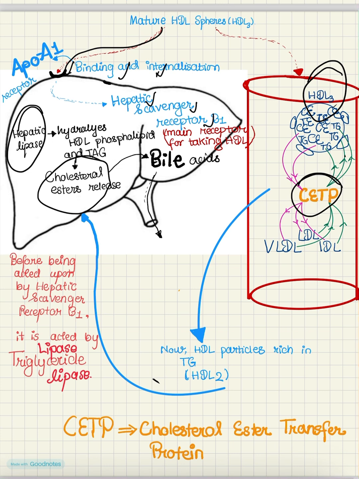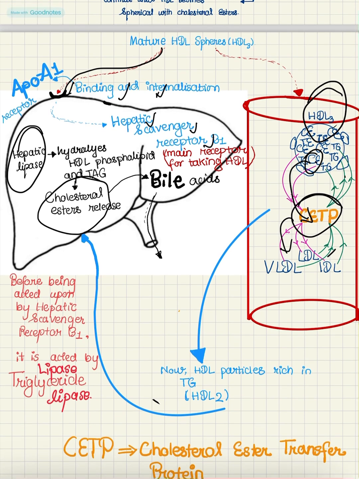What it does is take off the cholesterol ester from the HDL3 and transfer it to IDL and VLDL in exchange for TG. TG is taken by the cholesterol ester transfer protein from VLDL, LDL, IDL and then transferred to HDL3. Now the HDL is rich in TG, which we call HDL2.